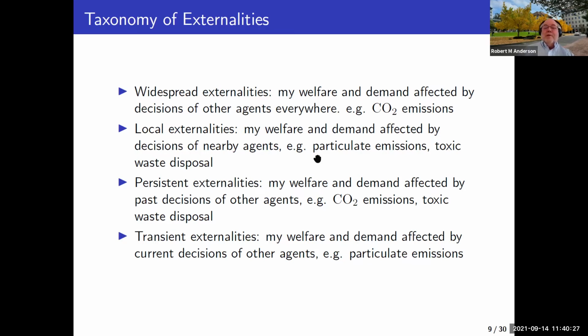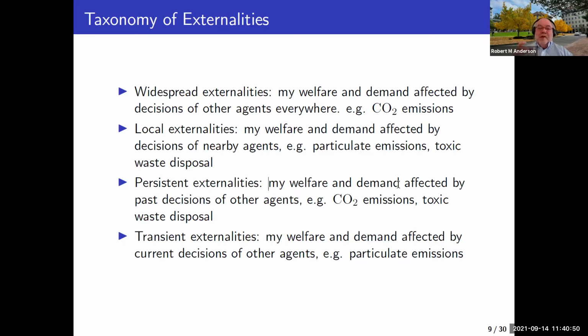On the other hand, some things are very toxic locally. So particulates are an example of things that make breathing quite difficult. And particulates tend to wash out of the atmosphere. So these are local phenomena. Toxic waste disposal, if it can be contained locally, is also a local phenomenon.